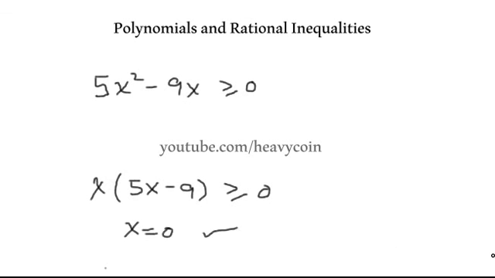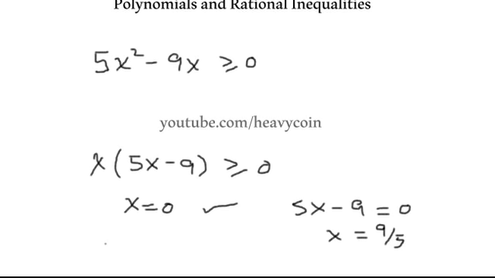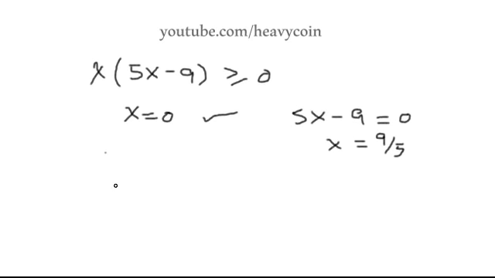Well, that one's easy to solve, x equals 0. And then we've got 5x minus 9. Set that equal to 0 and we get x is equal to 9/5. Alright. So then what we want to do is draw a number line. We'll plot 0 on the number line here and 9/5.